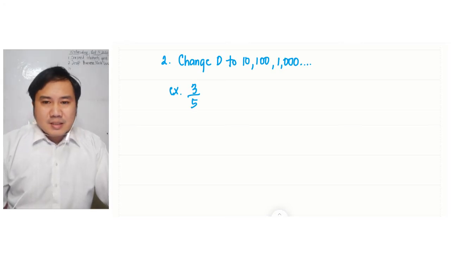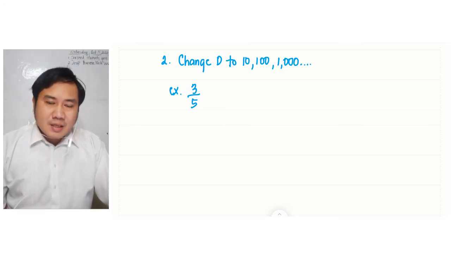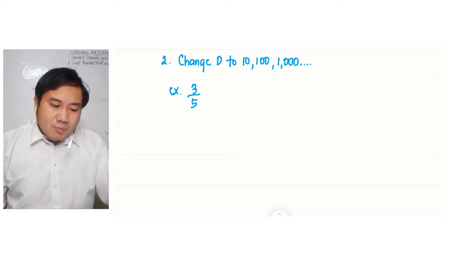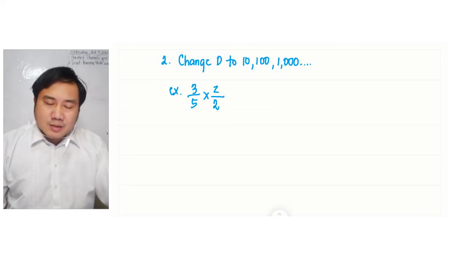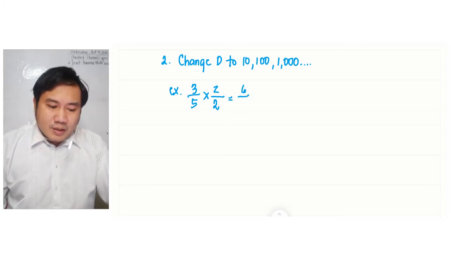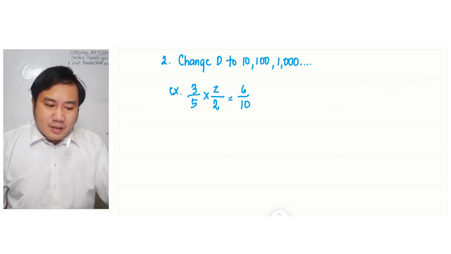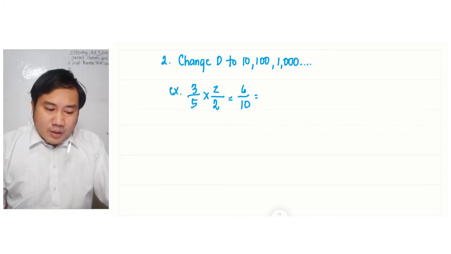The denominator is not 10, 100, or 1,000, but it is possible na gawin natin siyang 10, 100, or 1,000. So, we have to look for a factor na imumultiply natin sa 5 para maging ganon. If we're going to multiply the denominator by 2, we have to multiply the numerator by 2 as well. So, that's 3 times 2 is 6 over 10. And then, again, going back to number 1, you have one decimal place only kasi isa lang ang 0. So, 6 over 10 is 0.6 in decimal.